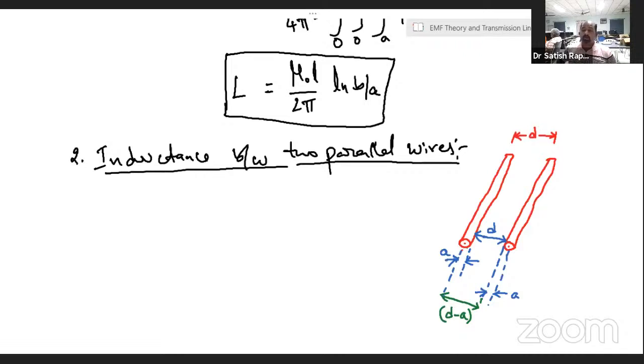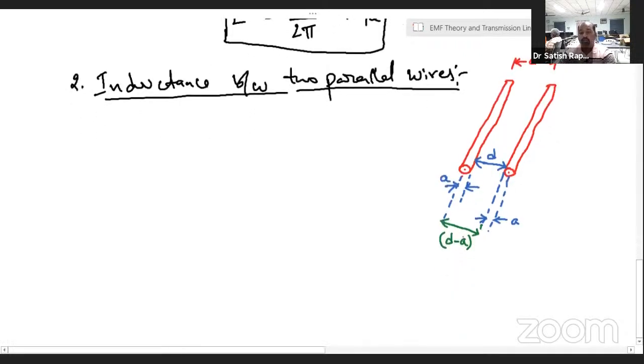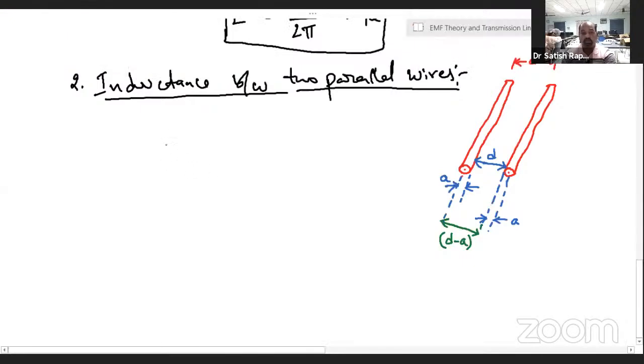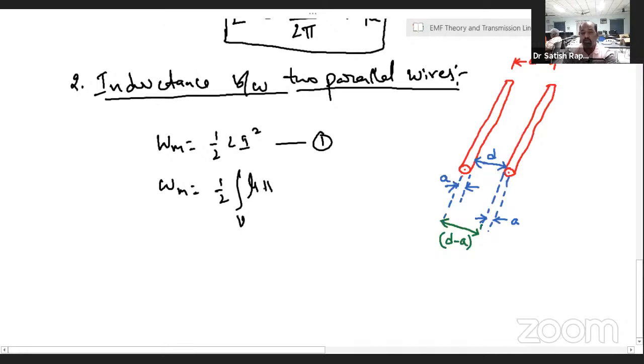So therefore the inductance, again the same procedure. Wm is equal to half L i square, and this is equation 1, and Wm is equal to half volume integral mu h square dv, and this is equation 2.